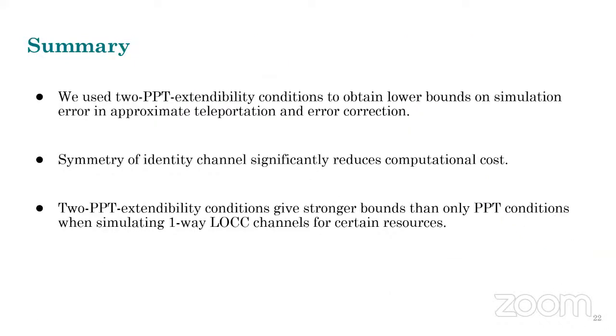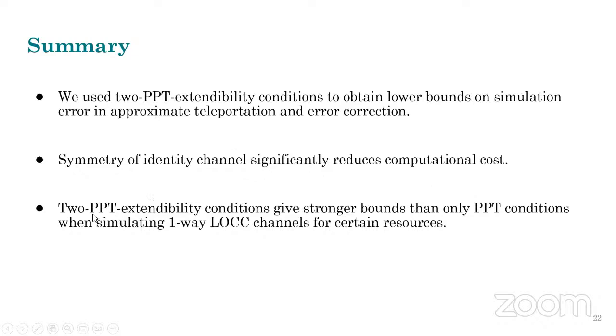To summarize, we use 2PPT extendability constraints, and we obtain lower bounds on simulation error for approximate teleportation and approximate quantum error correction. We use the symmetries of the identity channel to significantly reduce computational cost. The symmetry of the diamond norm is also included in this, but it is expected that any reasonable error criterion would obey these unitary invariance conditions.